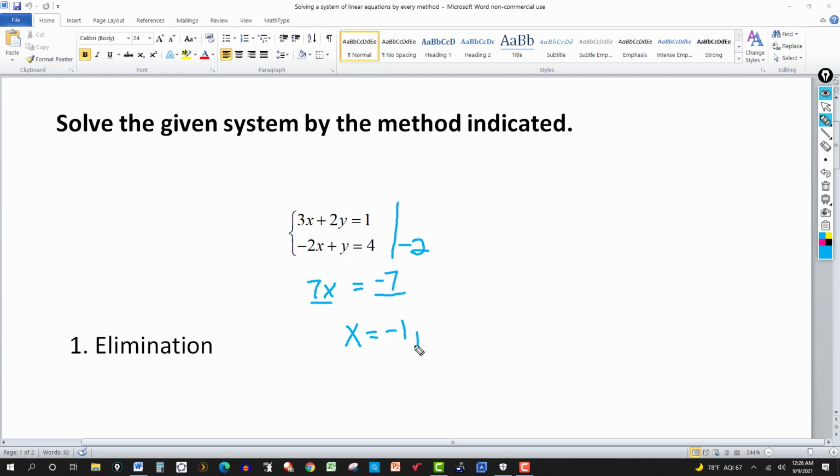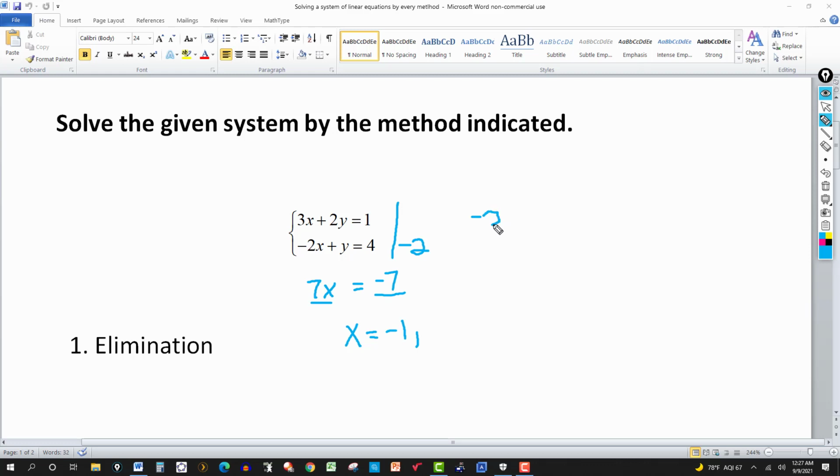Now, once you've gotten the first value, in this case x, you can either eliminate the x, or you can just plug in a -1 where the x is. So notice here, if I put a -1 where the x is right there, that's a +2. So plug it in negative. It doesn't matter which one you use. So plug in -1 into the second equation.